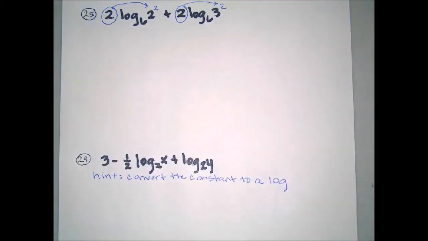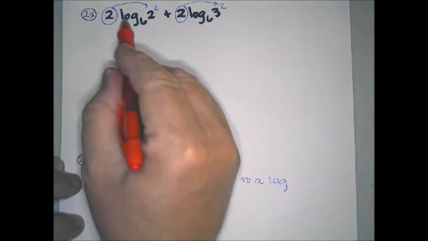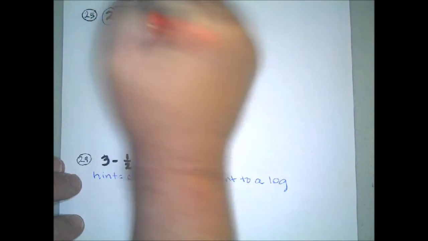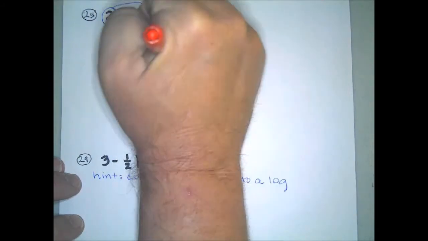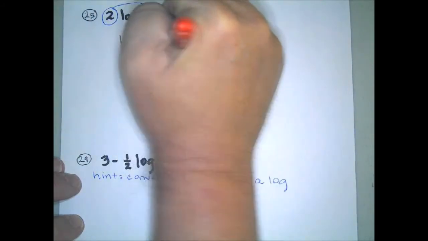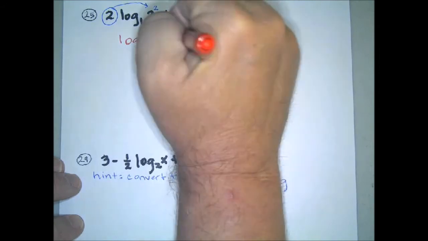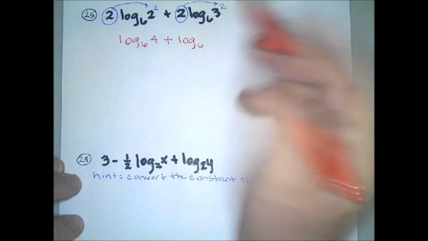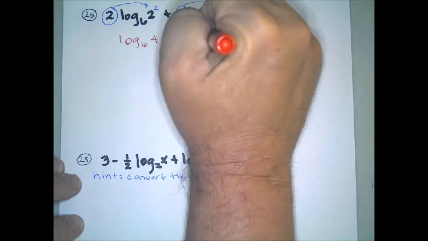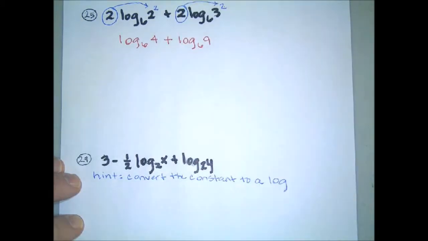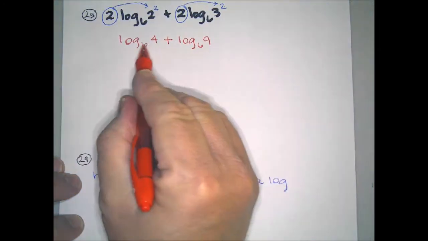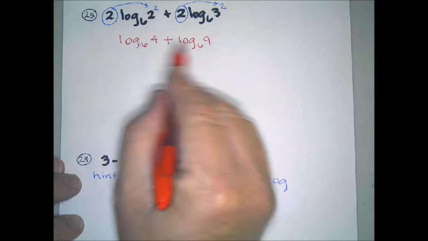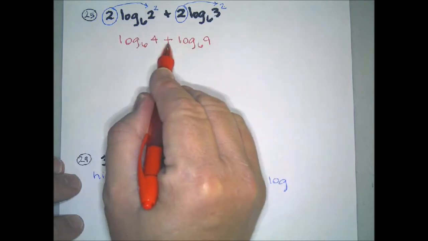Now, let's take a look at what we've got at this point. I've got the log base 6 of 2 squared, which is 4, plus the log base 6 of 3 squared, which is 9. Now, I'm going to take these 2 and turn them from double log addition to single log multiplication.